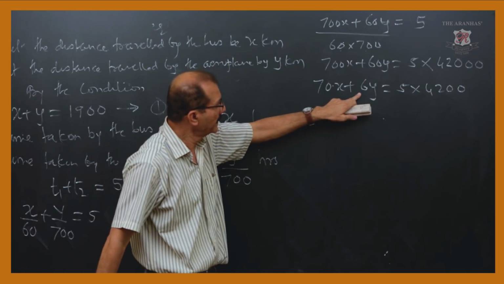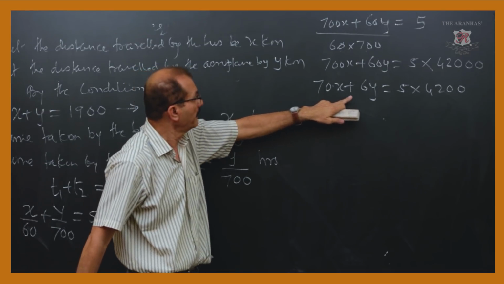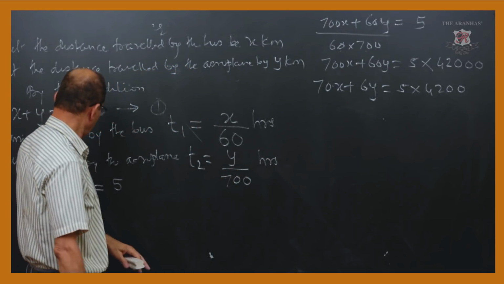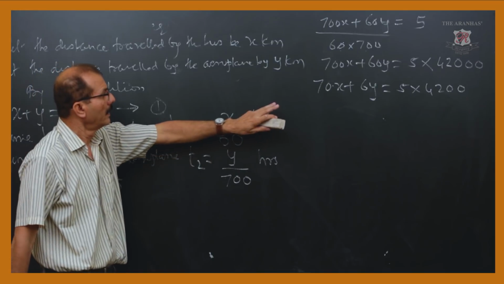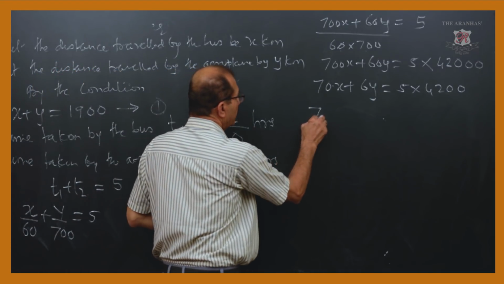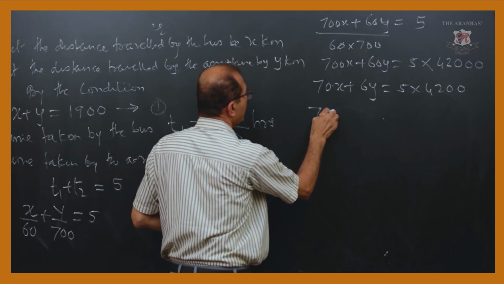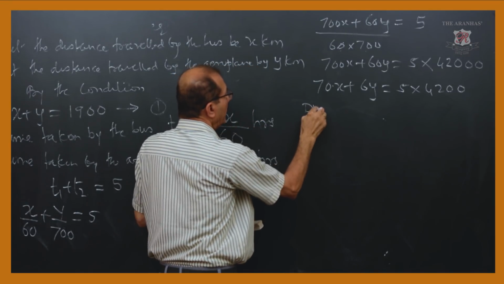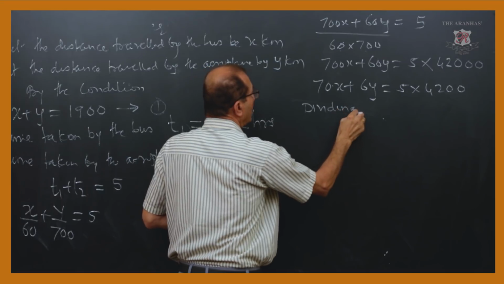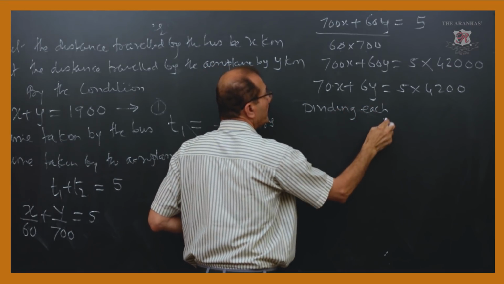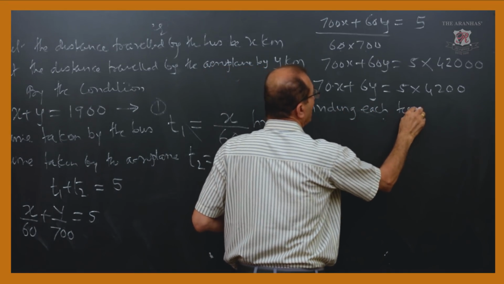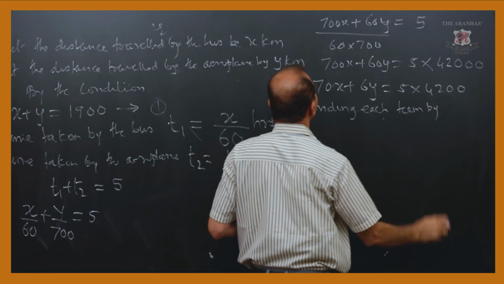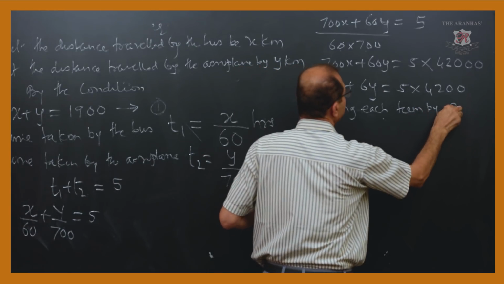You can further divide this 70x, dividing each term by 2.